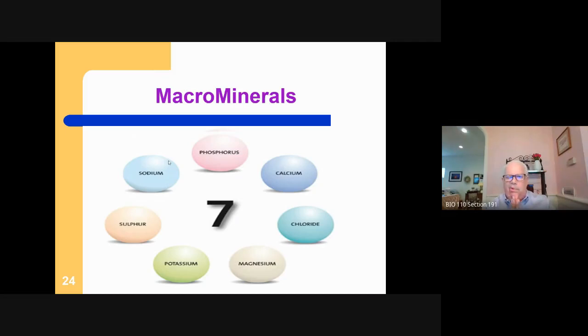I'm going to ask you questions on the macro minerals. Focus on the macro minerals. Yes, there will be questions on the other minerals, but these are the most important. I will go over all the minerals, but the macro minerals are the most important. And they are phosphorus, calcium, chloride, magnesium, potassium, sulfur, and sodium.